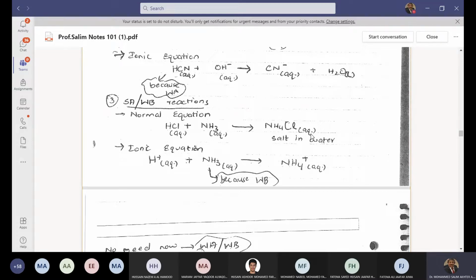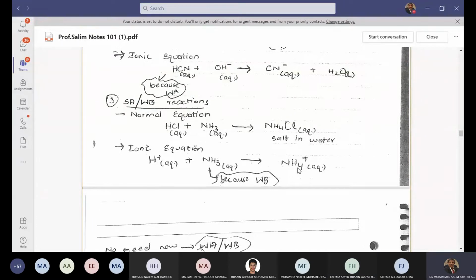For HCl, can I write down H plus? Yes, because it's a strong acid. Very good. For ammonia, can I write down OH? No, because it's a weak base. So H plus plus ammonia gives NH4 plus.